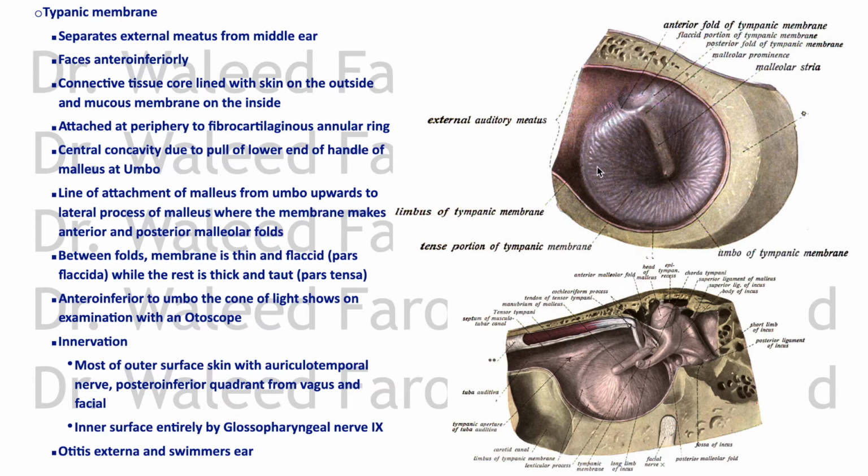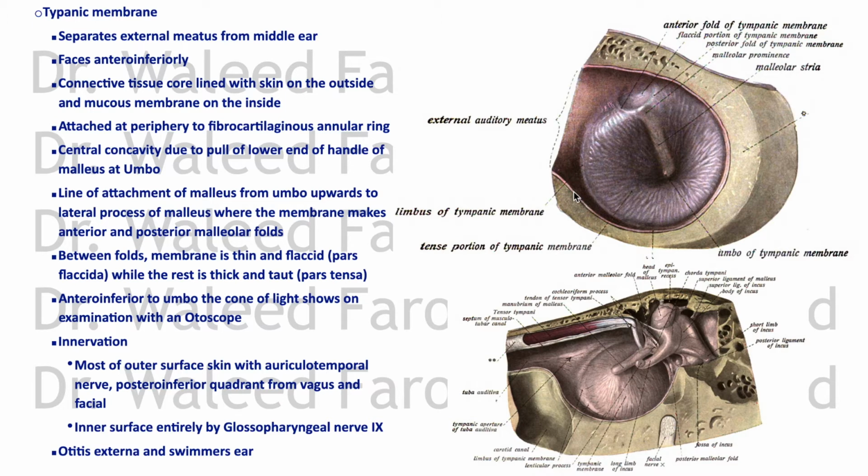It's connected to a fibrocartilaginous or fibrous ring surrounding it called the annulus, and it's directed anterior and inferior, antero-inferior. If you look at it, you will see it directed forwards and downwards.